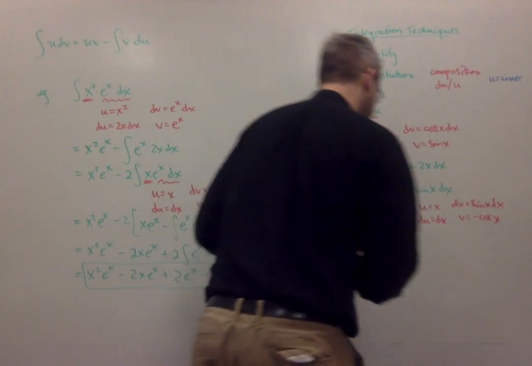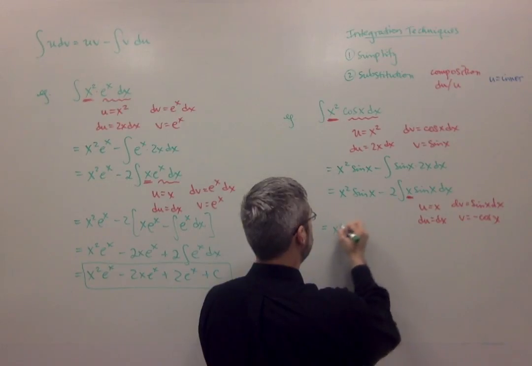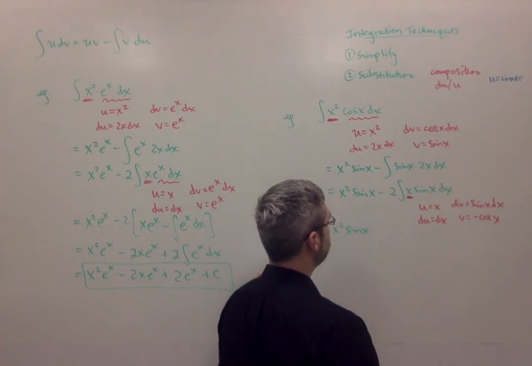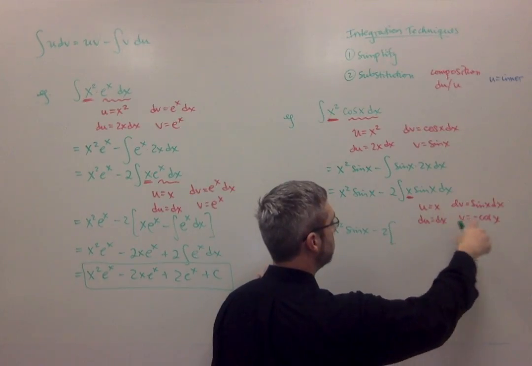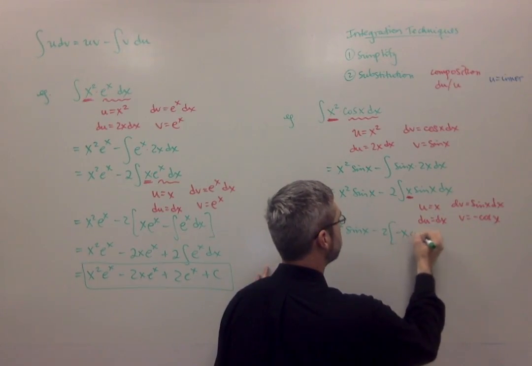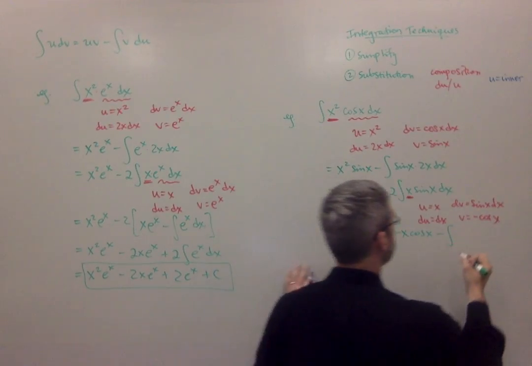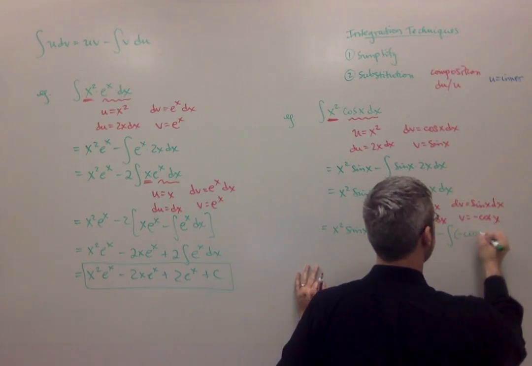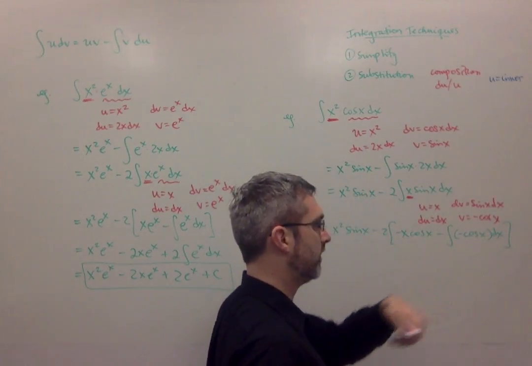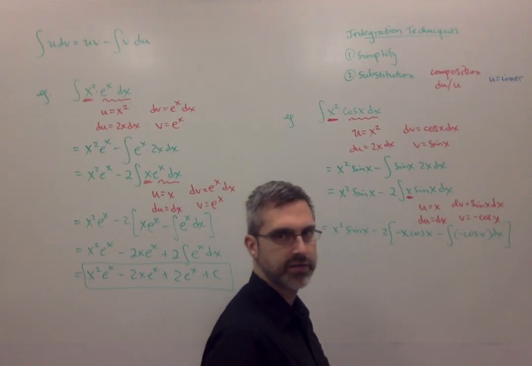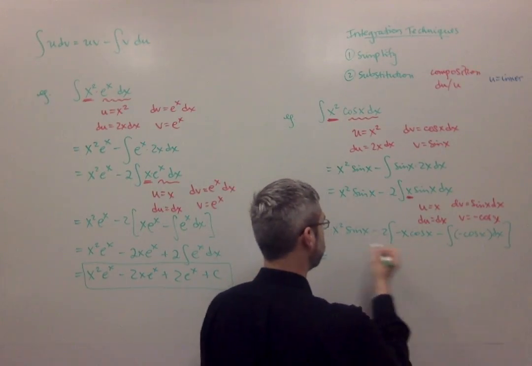So again, using parentheses, please be careful not to do all of this in your head. We've got x squared sine x minus 2 times u times v, which is negative x cosine x, minus the integral of v du. Okay, and if you start doing all of this in your head, you're going to lose all those negative signs. So please be careful. All right, let's clean this up a little bit.